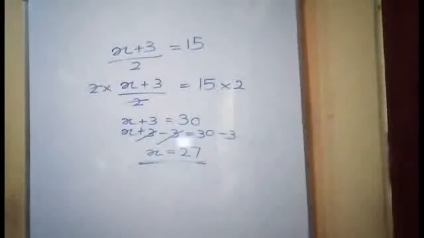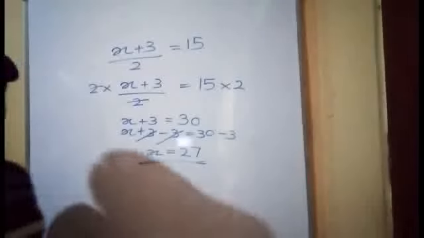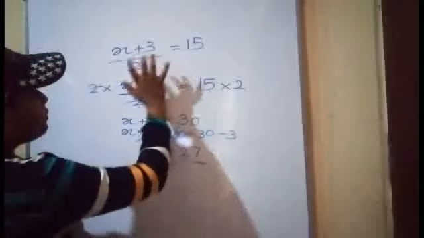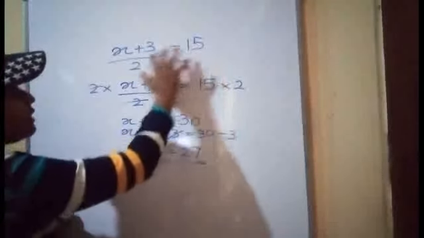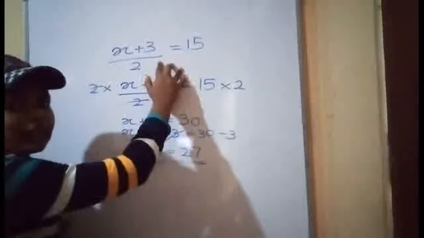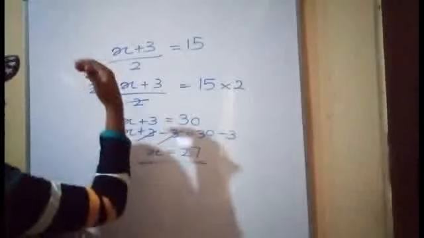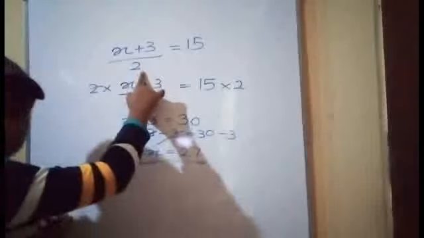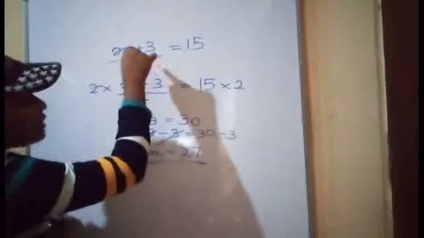Now that is the very easy one. So x plus 3 divided by 2 equal 15 means now this is the divide side. No? So we want to remove this 2 because they have the divide by 2.